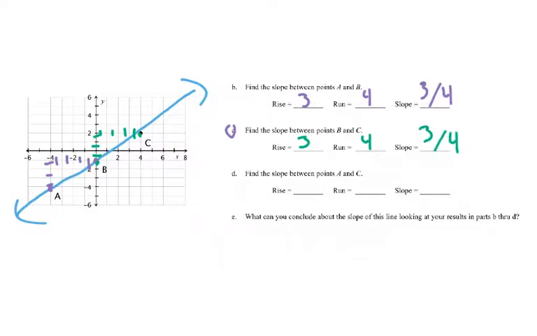Finally, it says find the slope between point A and point C. A, C. 1, 2, 3, 4, 5, 6. And then 1, 2, 3, 4, 5, 6, 7, 8.